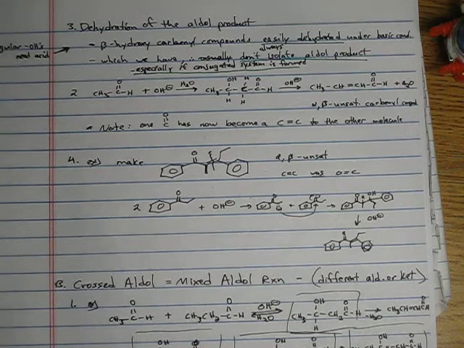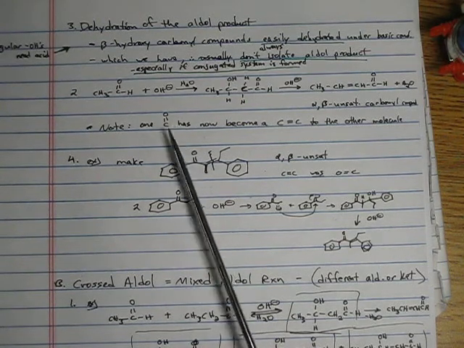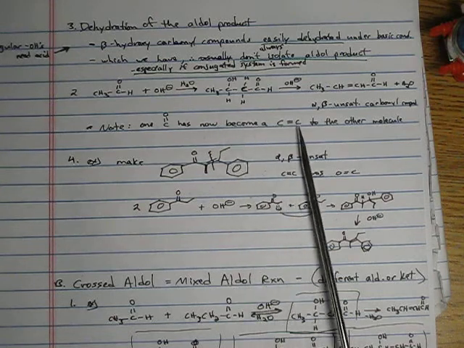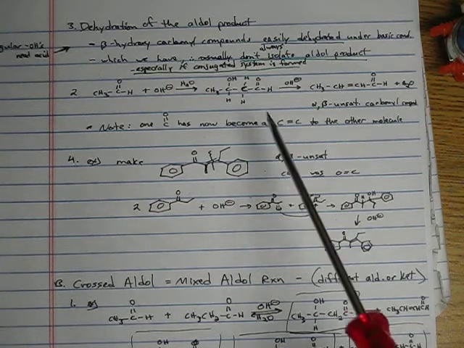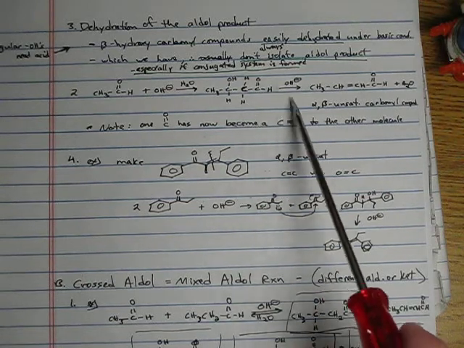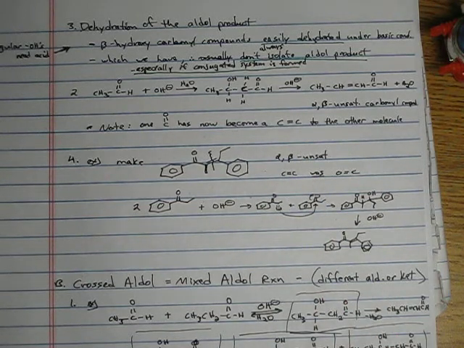Another way to look at it is that the carbon double bond oxygen has now become a carbon double bond carbon to the other molecule. If you had this very molecule right here, you might have to bump up the concentration of base to get that to go.